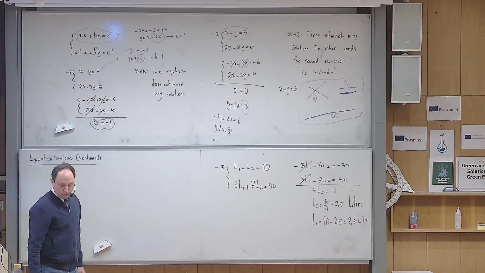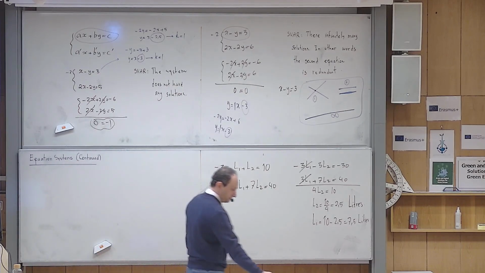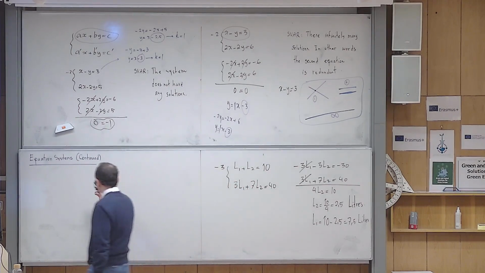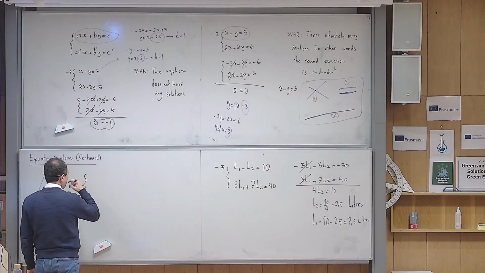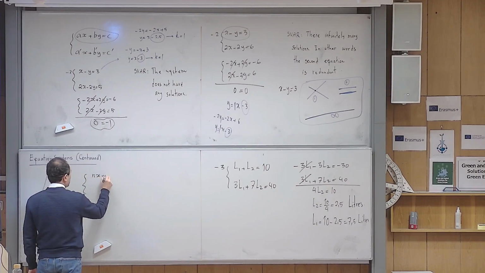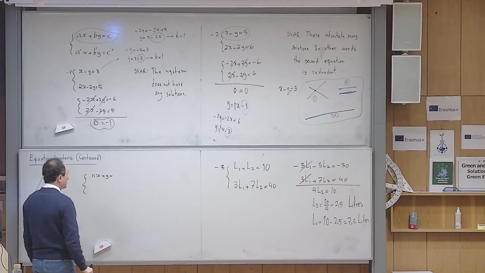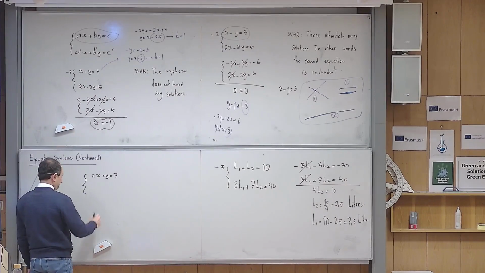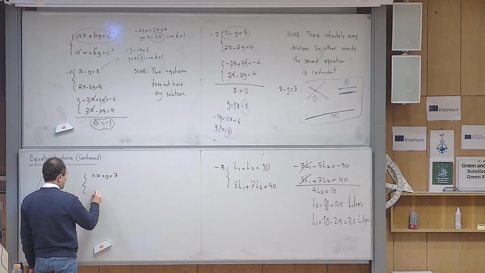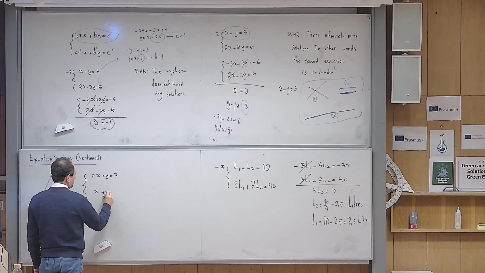So I give you, for example, a system, but I put some parameters in it. For example, let us write nx plus y equals to 7, and then you have, for example, x plus y equals to 2.